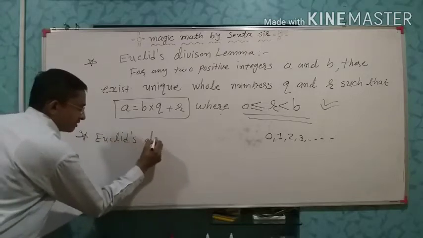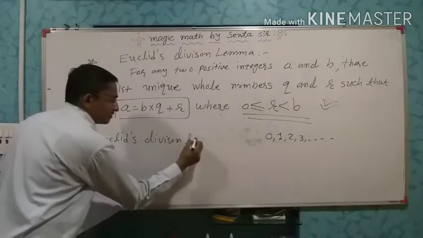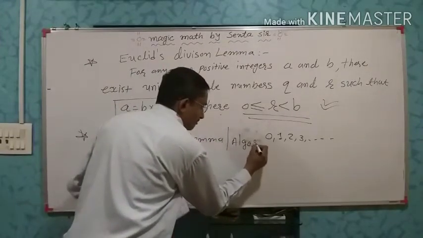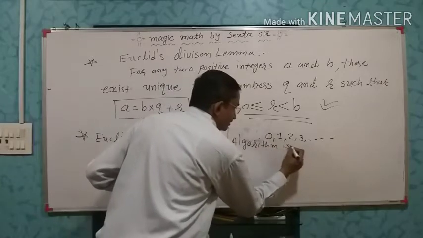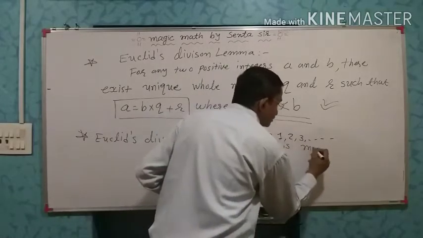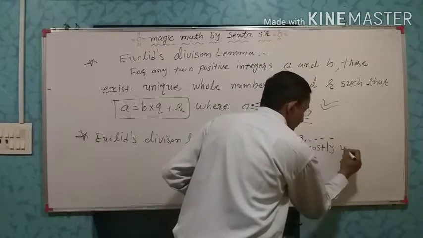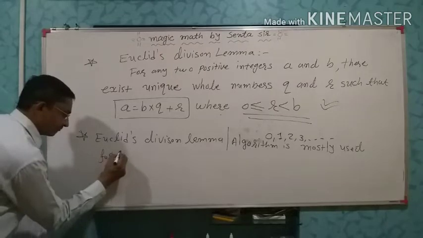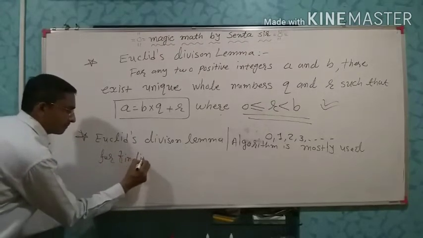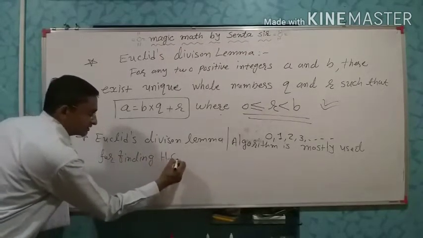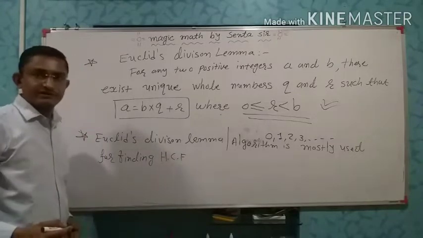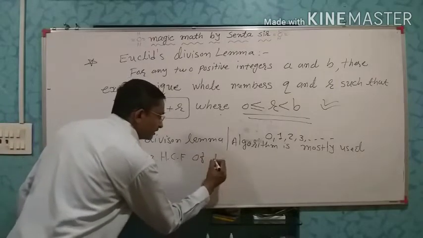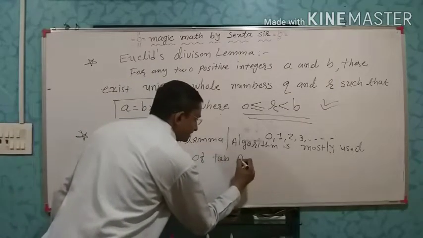Euclid's division lemma or algorithm is mostly used for finding HCF, highest common factor, of two positive integers.